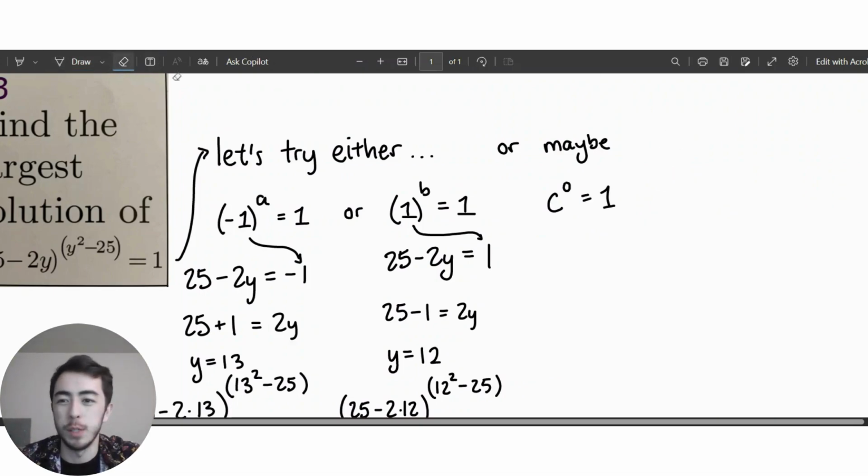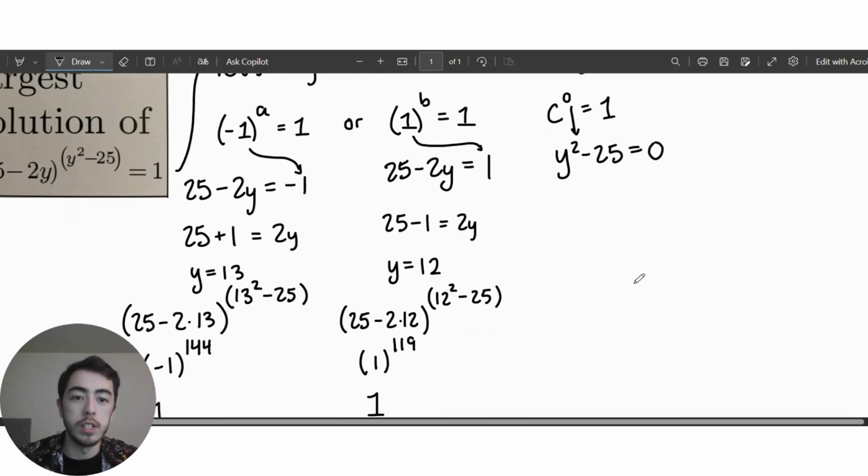It doesn't have an actual value. But anything else to the power of 0 is 1. So my exponent has to be 0, or in other words, y squared minus 25 equals 0 could help me find other potential values for y that will make this equation true.